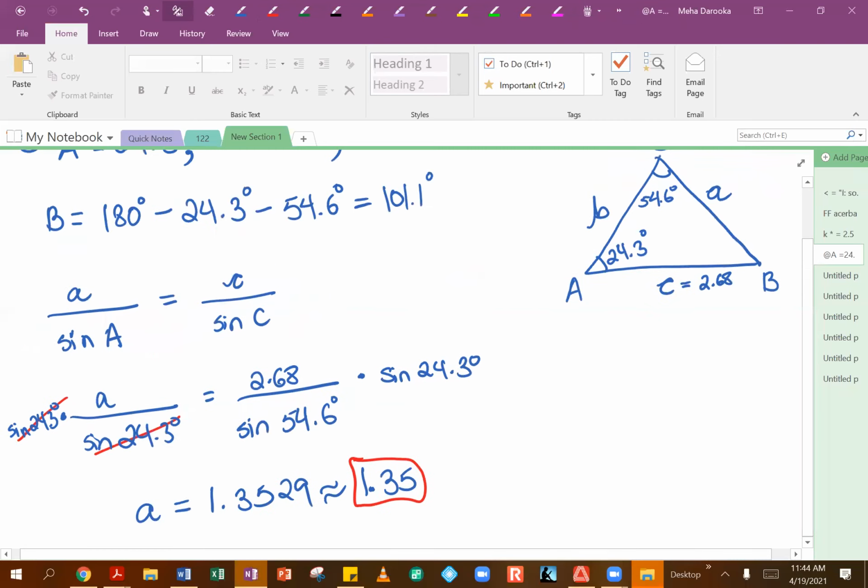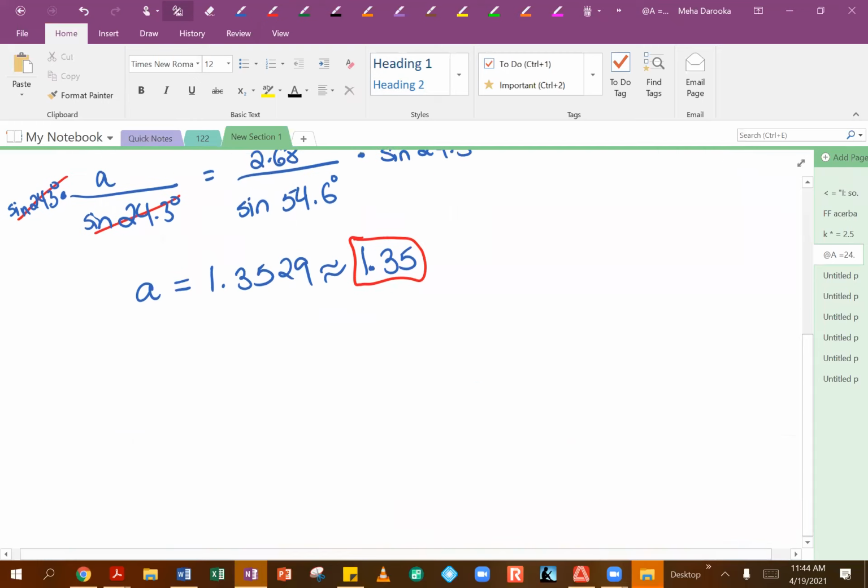So when you are finding side B, instead of using angle A and the side A, use side C. So basically, when you're rewriting for the side B, we can use B over sine B, and then I will actually go back and use C and sine of C. So that way I don't get a rounding error by using side A.